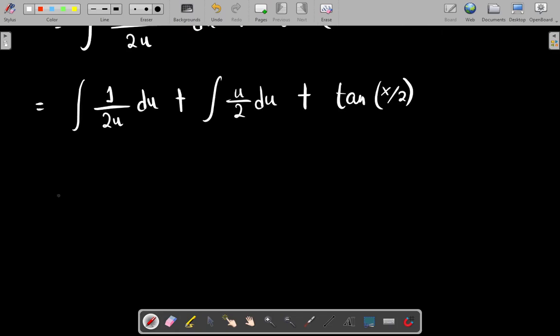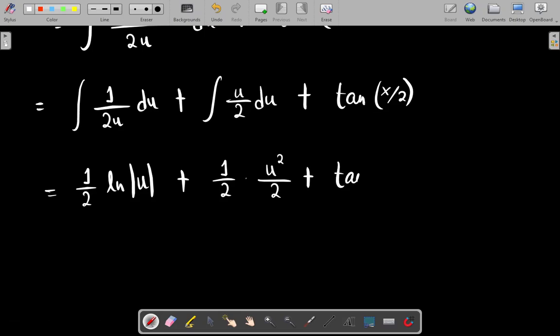So again this now becomes half times ln mod u, right? This is integration of half goes out, du by u, this is ln mod u, and this becomes half times u du, so this becomes u square by 2, right? And then we are left with tan x by 2, right? Now we can add the constant of integration c also.